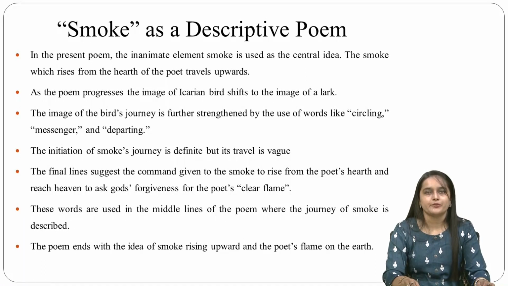A descriptive poem, as discussed earlier, is one which uses detailed words to create an imagery of a person, animal, or inanimate object, and this imagery is the central interest of the poem.